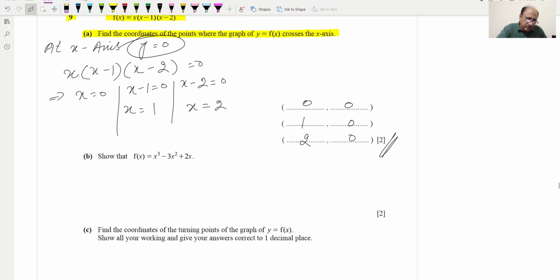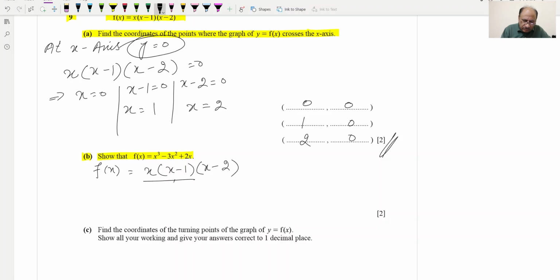Now they are saying part B, show that this is equal to this one. Basically the same thing, we will open f of x. So f of x is equal to x into x minus 1 into x minus 2.